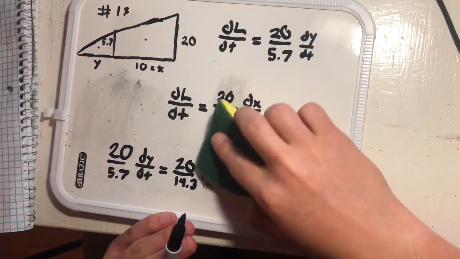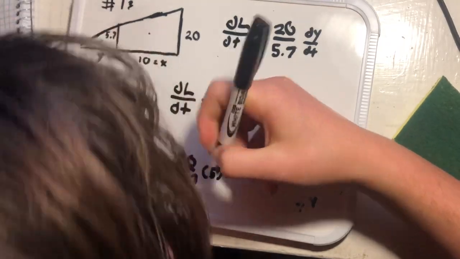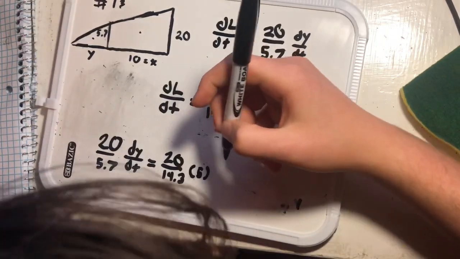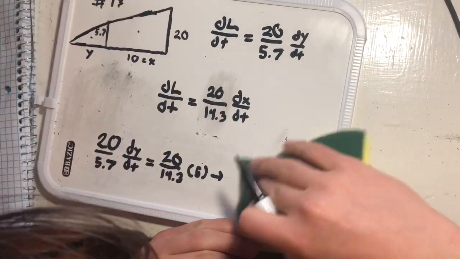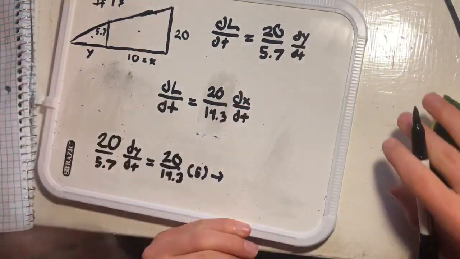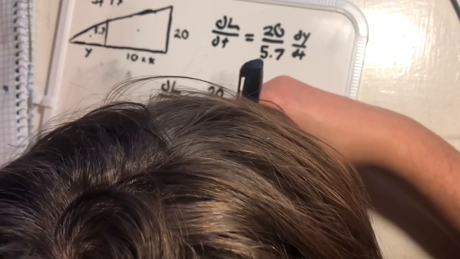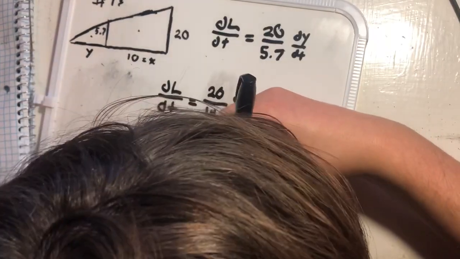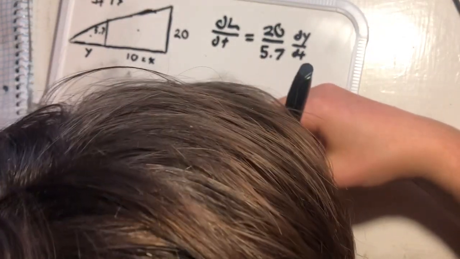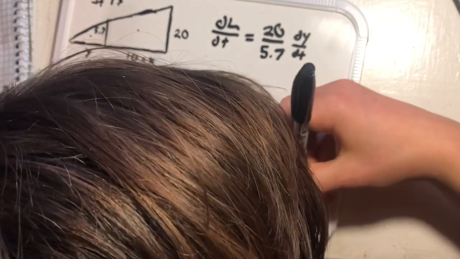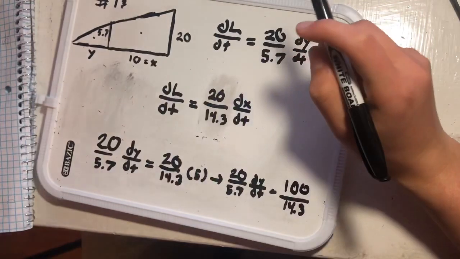So, erase this, multiply by 5, and we get 20 over 5.7 dy/dt equals 100 over 14.3.